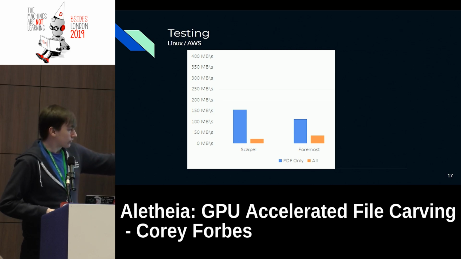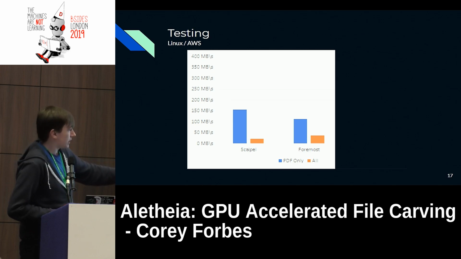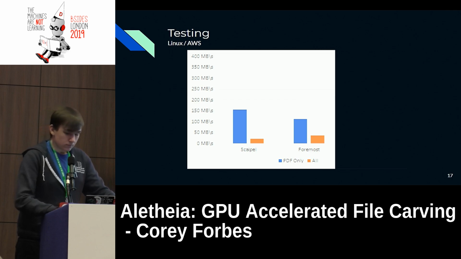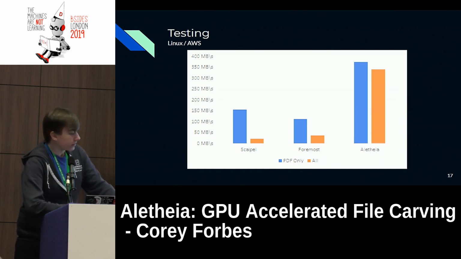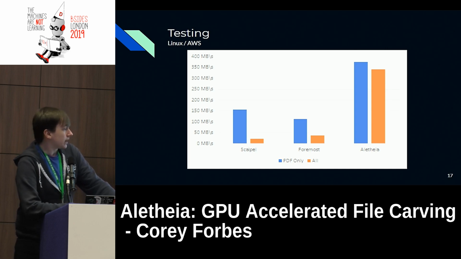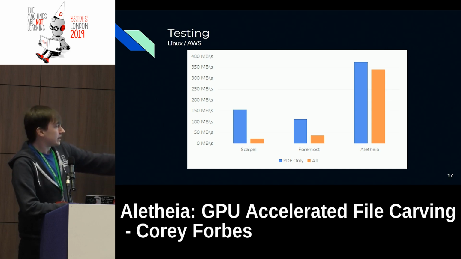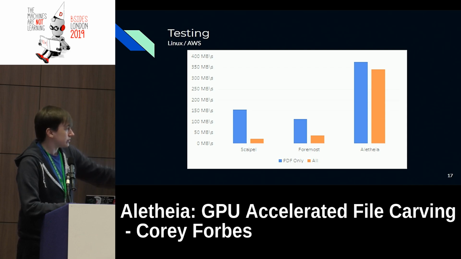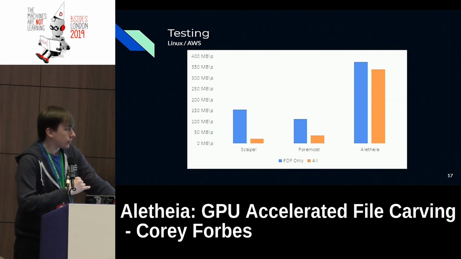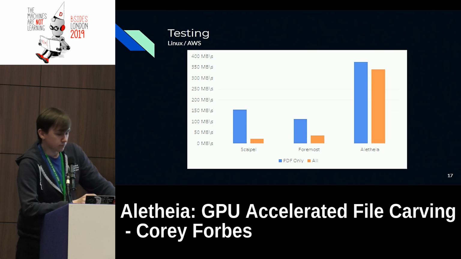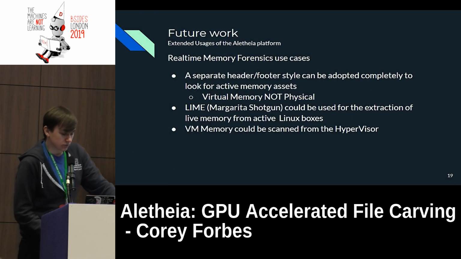Thus, when I was searching for all the patterns instead of just PDF patterns, the data throughput dropped drastically. You then compare this to Aletheia, which was a vast improvement, and when you compare PDF only to all patterns, you can see there's a lot less of an extreme drop-off on the data throughputs.